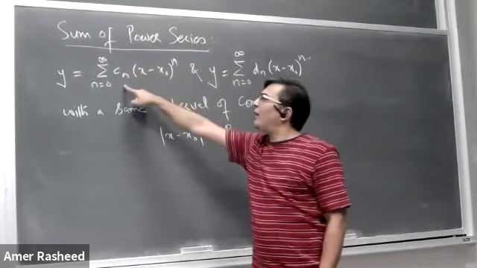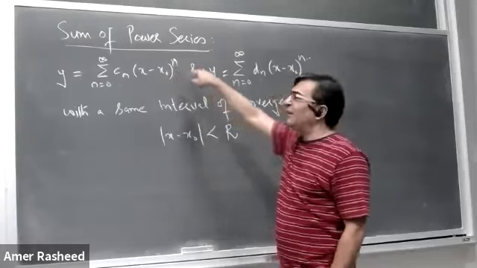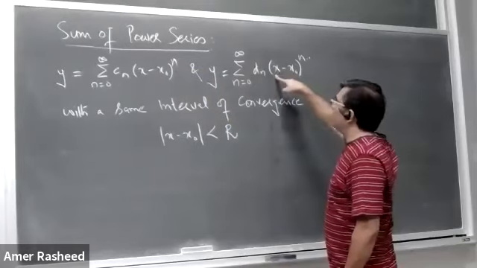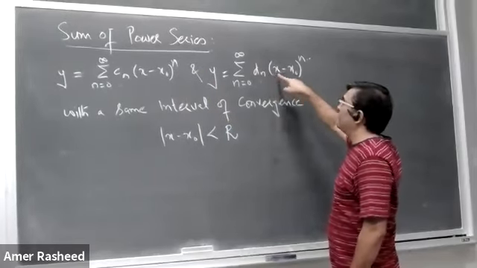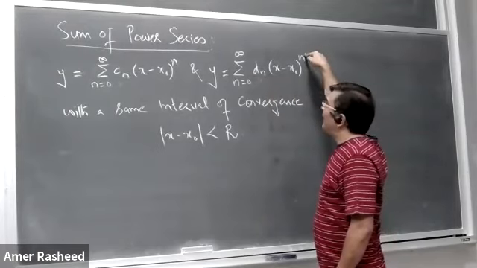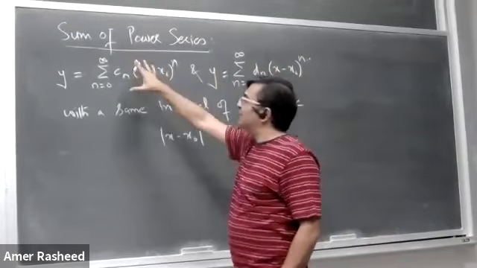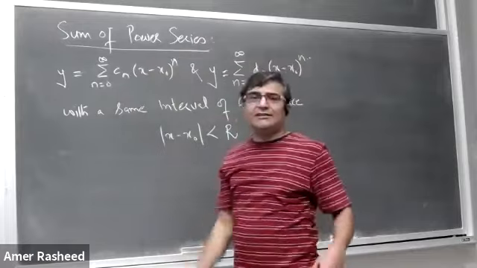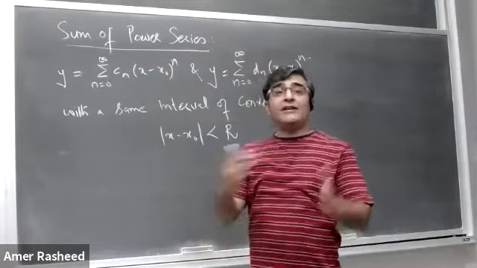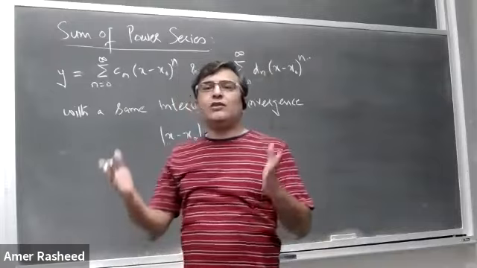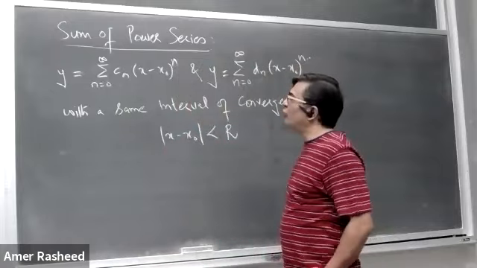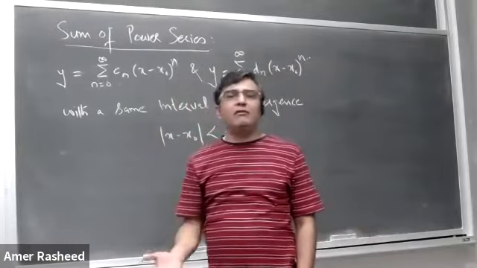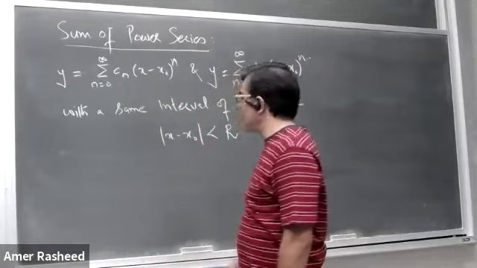And c1, whose power is (x minus x naught) to the power 1, should be added to d1, which is the coefficient of (x minus x naught) to the power 1. In short, the series are added term by term, adding the coefficients of like powers of x minus x naught.